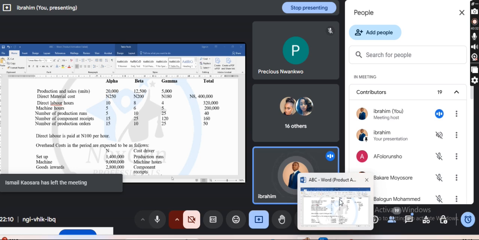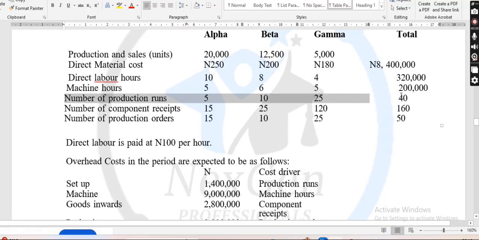When you add 5 plus 10 plus 25, you are supposed to have 40. Class, is it 40? Yes, it's 40.